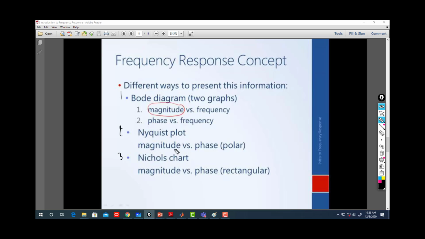Here you represent them in one graph, and you do a polar representation, using a polar axis. The Nichols chart uses a rectangular axis, and it is also magnitude versus phase, but they use a rectangular axis to plot the graph. So all are magnitude and phase, but the representation is different.